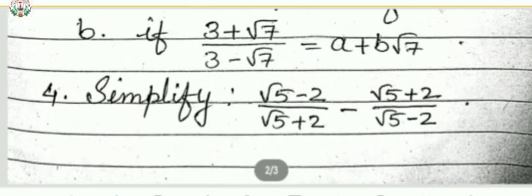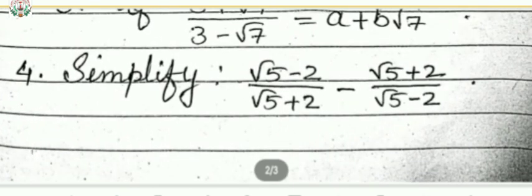Now the next one is, simplify (root 5 minus 2) upon (root 5 plus 2) minus (root 5 plus 2) upon (root 5 minus 2). Now individually also we can rationalize each term, that is (root 5 minus 2) upon (root 5 plus 2) into (root 5 minus 2) upon (root 5 minus 2).